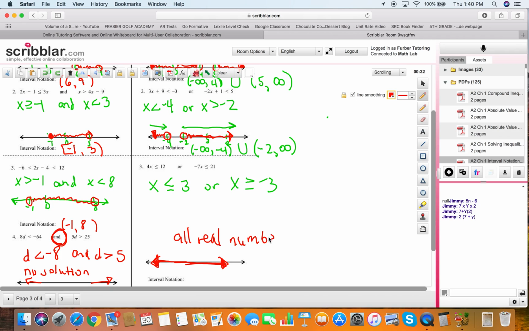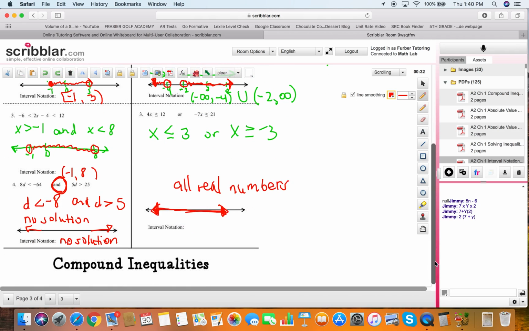So even though it's an or, and I'm supposed to write 2 sets of coordinates, I'm going to do kind of what I did before. I'm just going to put all the way from negative infinity to positive infinity, and that's it. And remember, that uses parentheses.